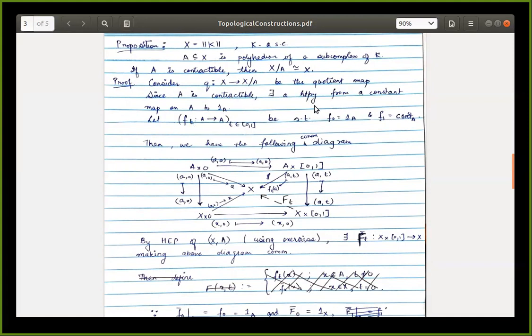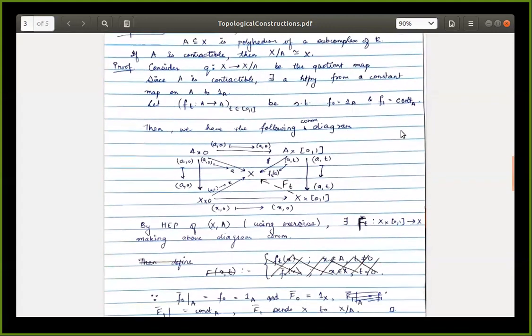This is the other way around from before, it doesn't make a difference, but just for the sake of fuzziness. So F_t is a homotopy from the identity. Here the subscript A means the identity map of A. It's a homotopy from the identity map on A to a constant map on A.